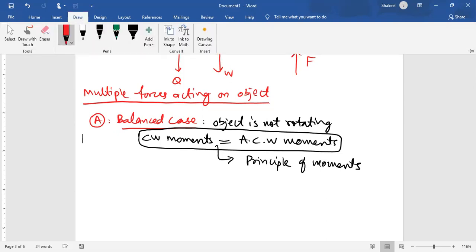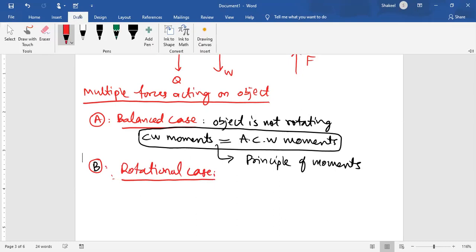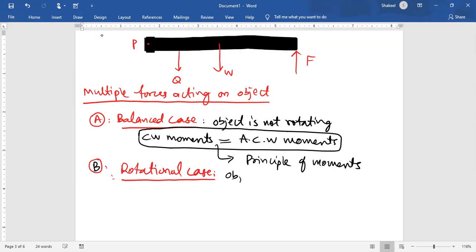For B, we will look at the rotational case. Let's say forces are acting on the object and the object is not balanced, so it is rotating clockwise or anti-clockwise.